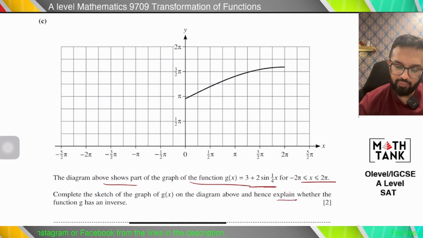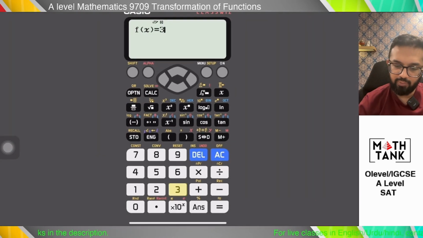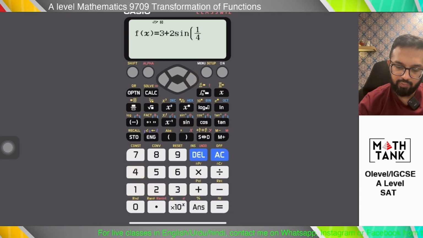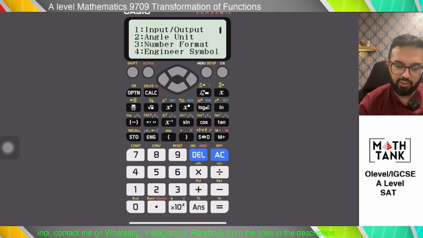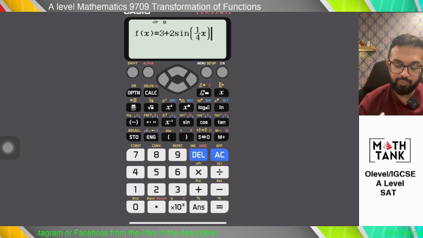I've forgotten the function: 3 plus 2 sine of 1/4 x. Okay, just to be absolutely flawless on this, I'm going to calculate in radians because both the axes are in radians, and that's sort of bothering me a little.